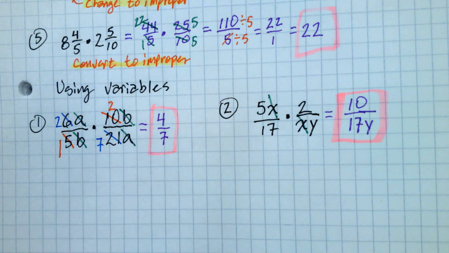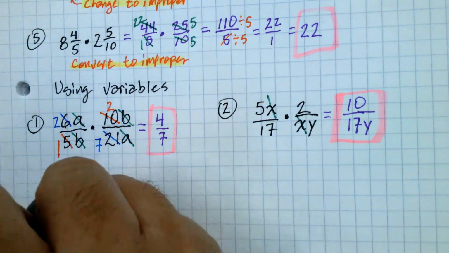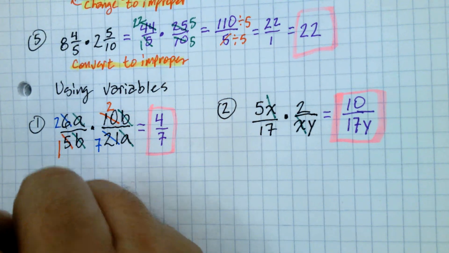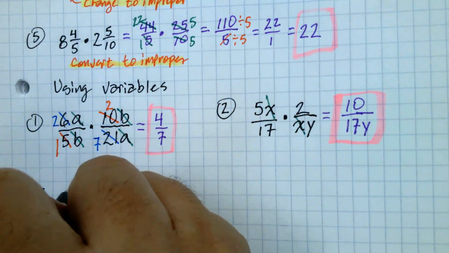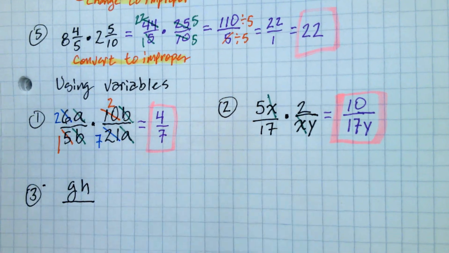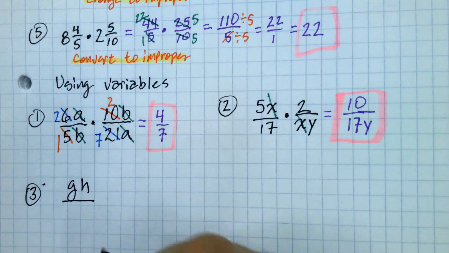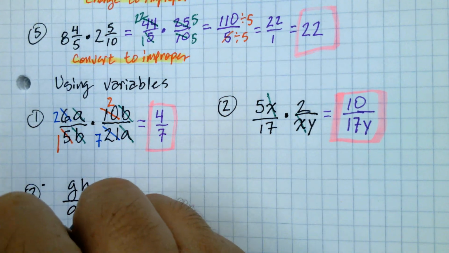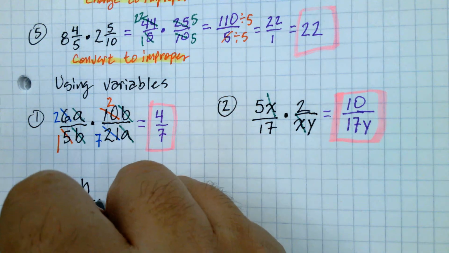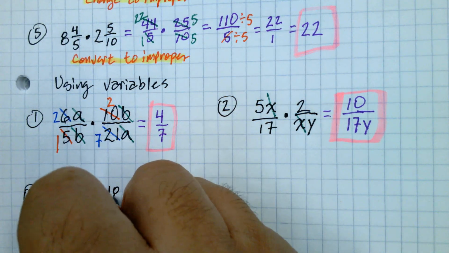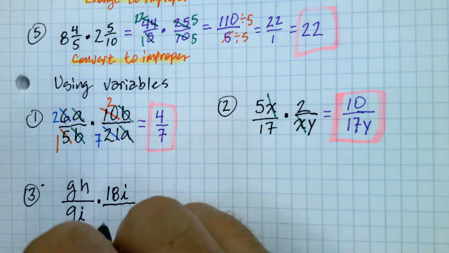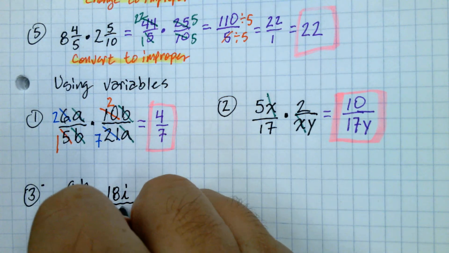This one will have a lot of variables. Number 3. GH, that means G times H, over 9I times 18I over G to the second power.